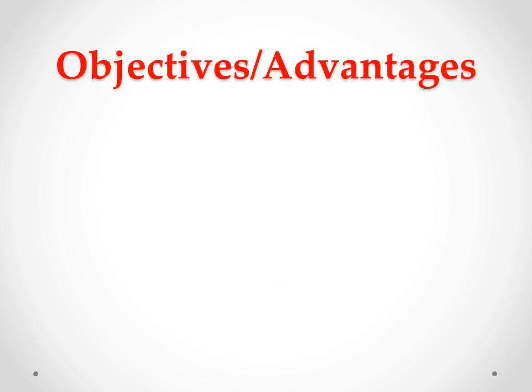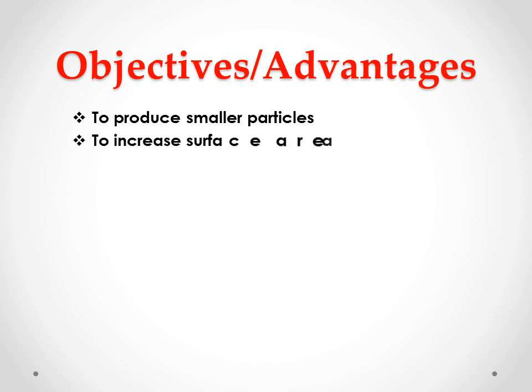The answer to the previous question resides in the objectives or advantages of particle size reduction, which include: as is evident from the term size reduction, our ultimate aim is to produce smaller particles. These smaller particles will automatically increase the surface area of particles, as discussed.